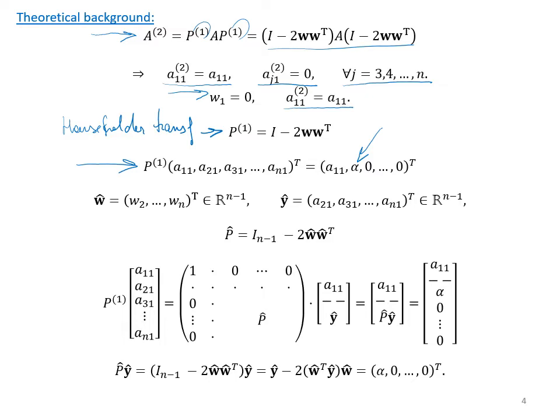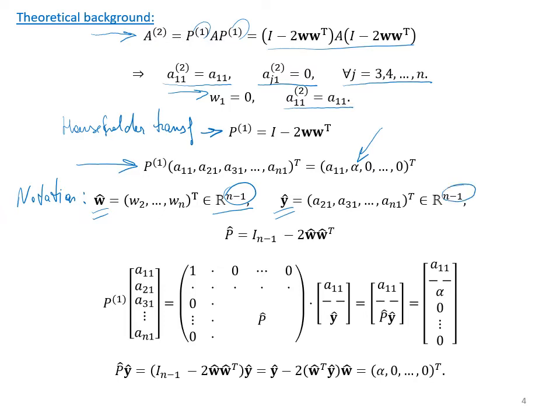Now we are going to slightly simplify notation. We introduce W hat and Y hat. These are just two auxiliary values that we are going to use in order to make our calculations clearer. W hat is going to be a vector from the space R^(n-1). The dimension will be one less than on the previous step.